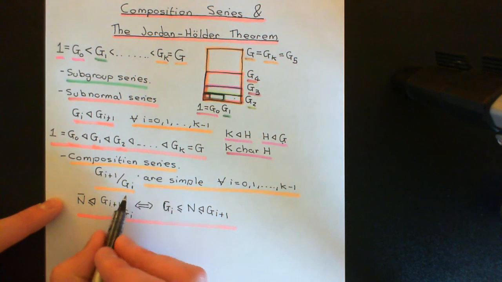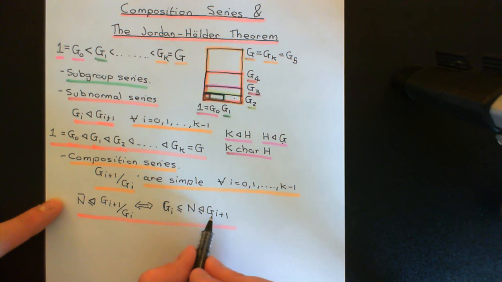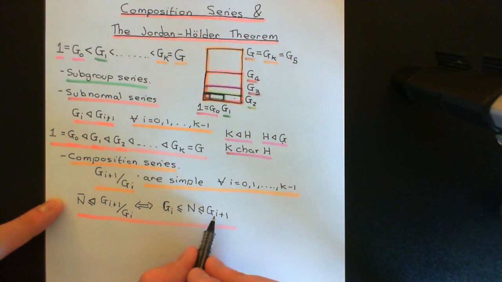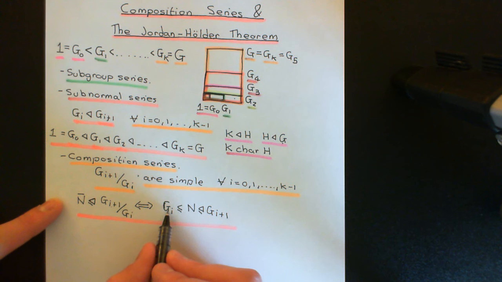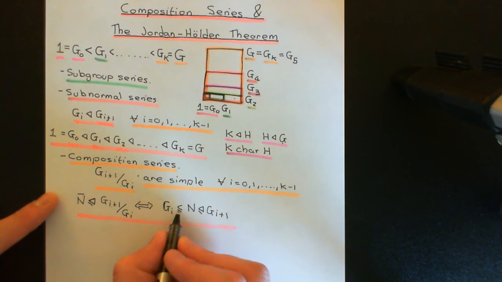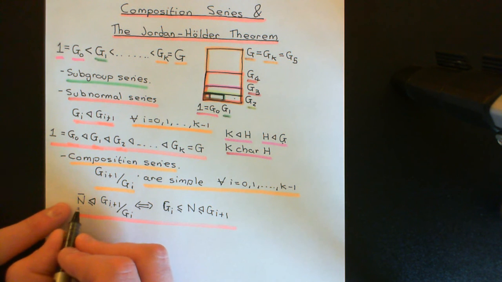If you have a more interesting normal subgroup, one that is not the trivial subgroup or the improper subgroup here, it will correspond to a normal subgroup that is properly in between these two, i.e. which is properly contained in G_{i+1} and which properly contains G_i. So if this is proper, all of these become proper, assuming that this isn't the trivial subgroup.